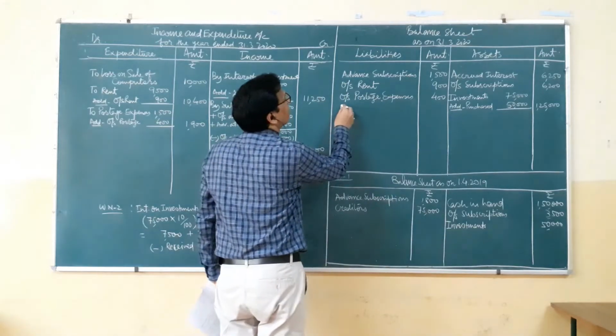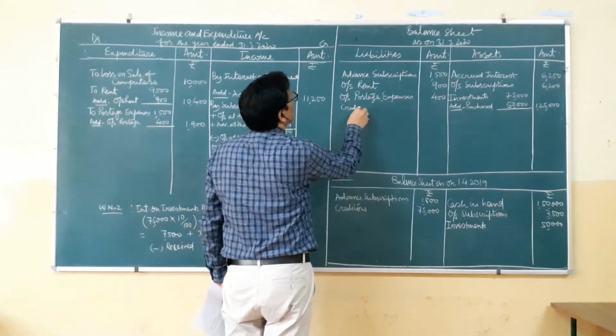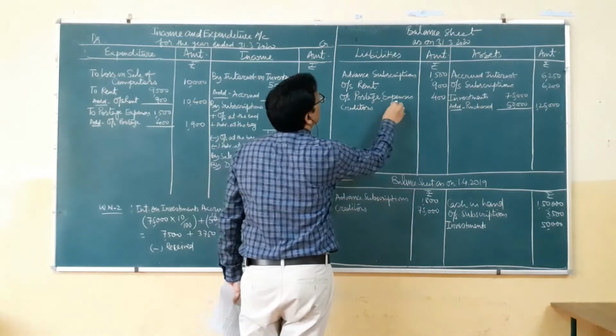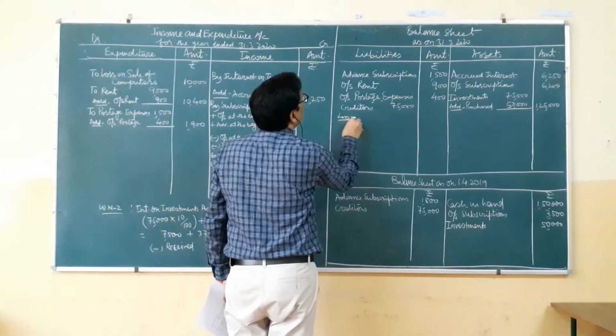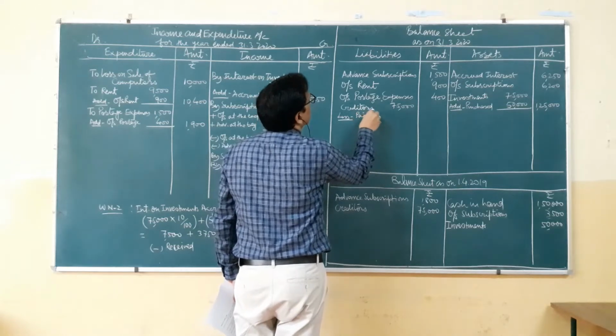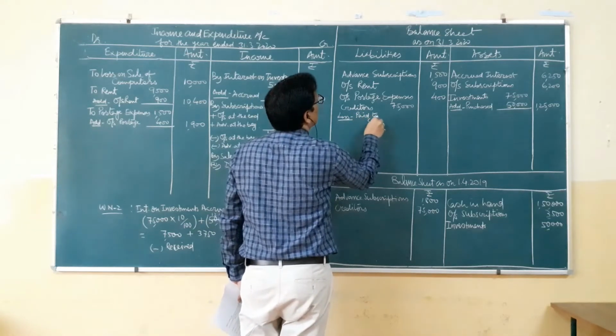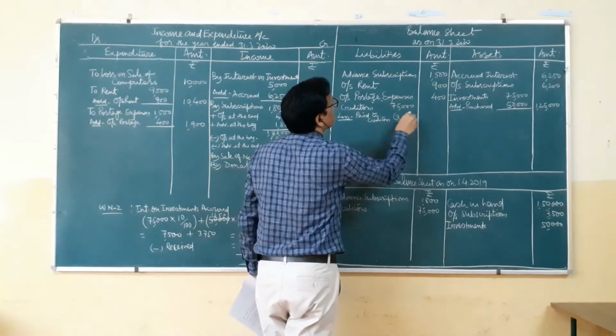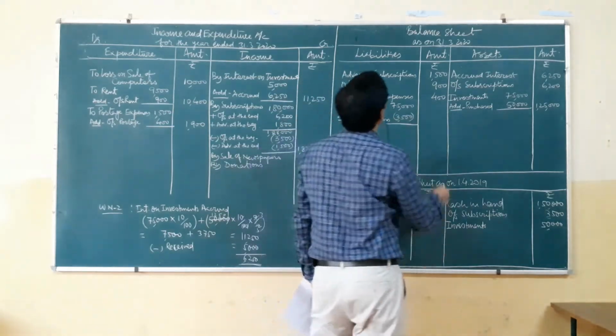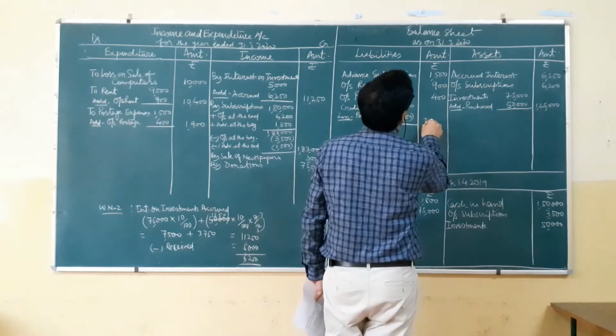Then here we write in the closing balance sheet creditors 75,000 rupees, out of which payment was made to creditors of 3,500 rupees. So 75 minus 3 is 71,500 rupees.